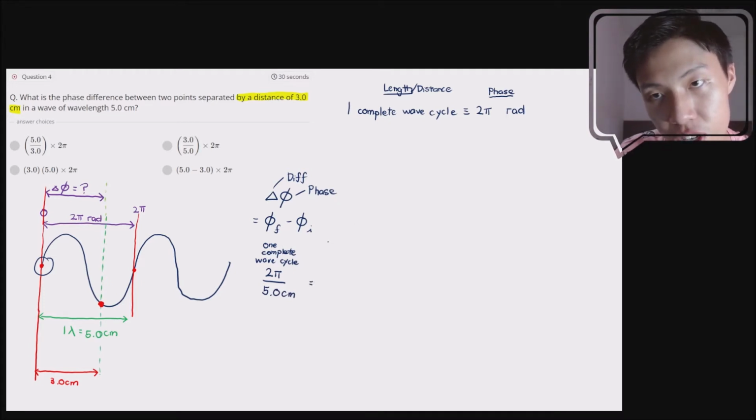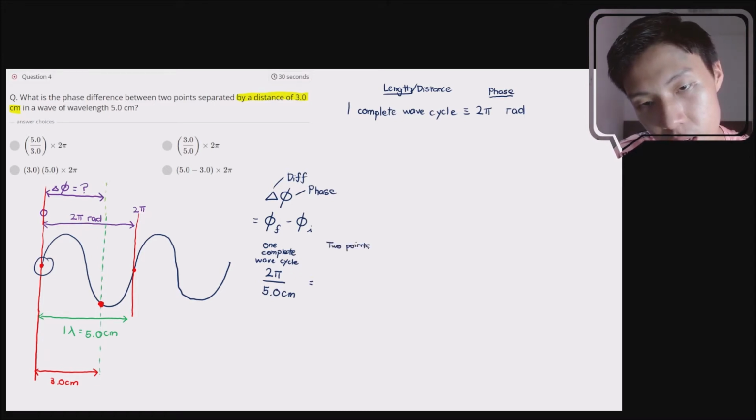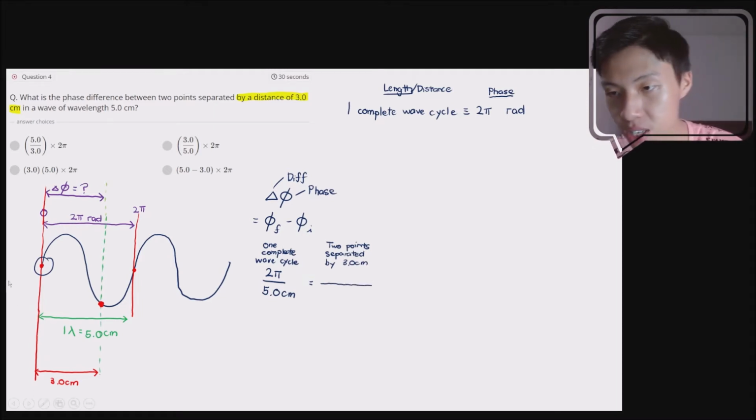So now if you're interested in the 2 points separated by 3 cm, then you know that the distance between these 2 points, when we say distance, we are not saying the distance from here to here, we are saying the distance in terms of x.